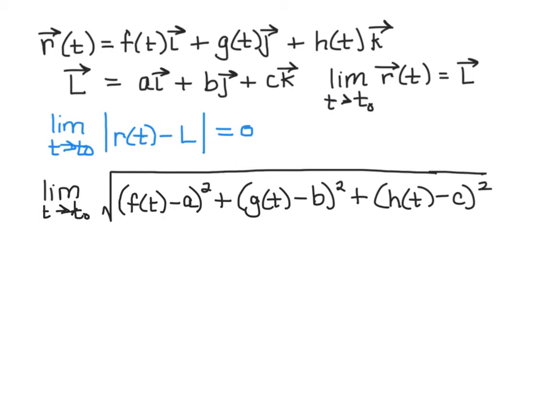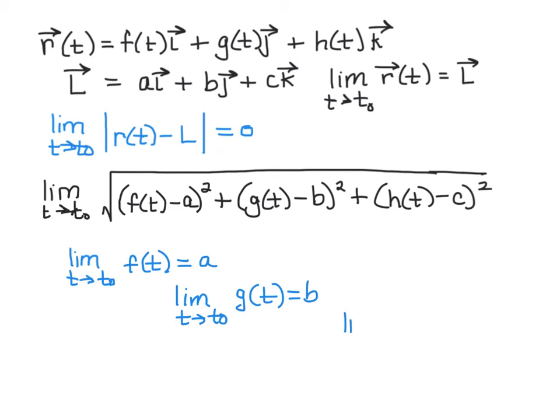And this limit exists if the limit as t approaches t naught of f of t is equal to a, and the limit as t approaches t naught of g of t equals b, and the limit as t approaches t naught of h of t equals c.